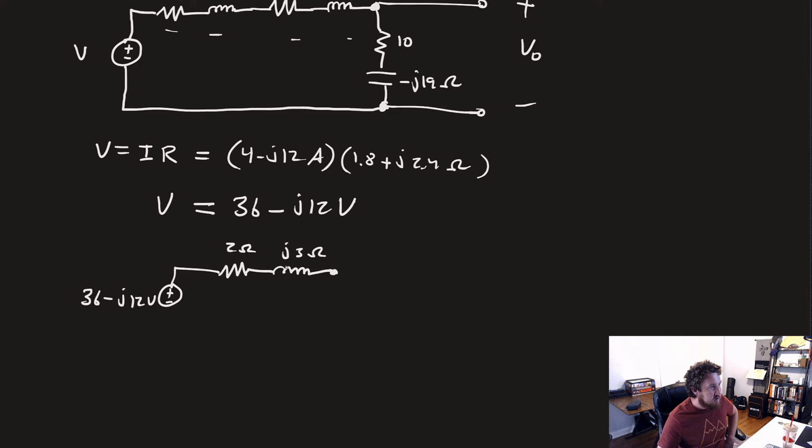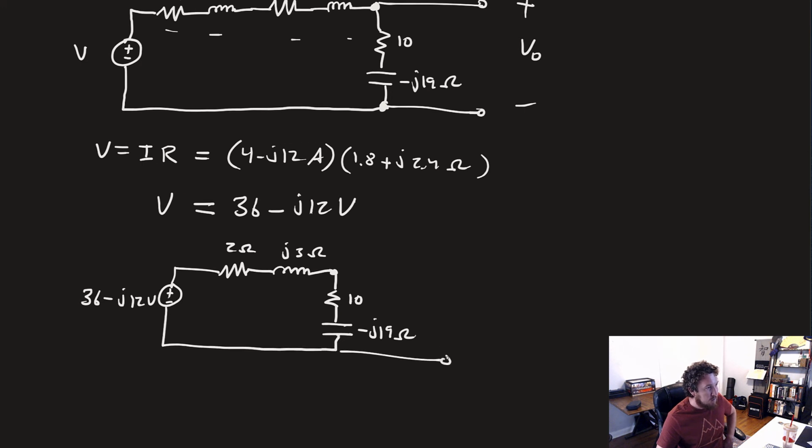That's connected to our 10 ohms and minus j19 ohms. And remember, we're still looking for that V naught.